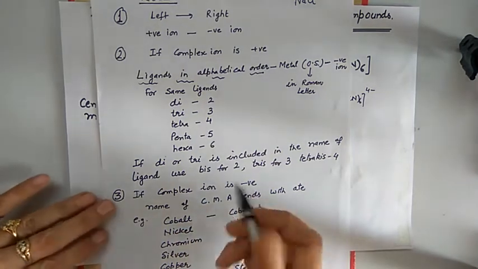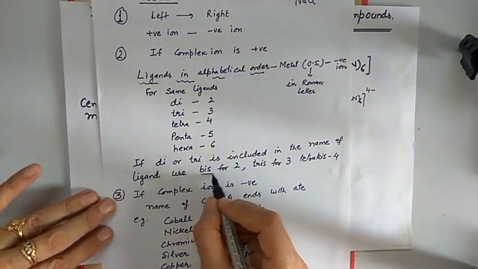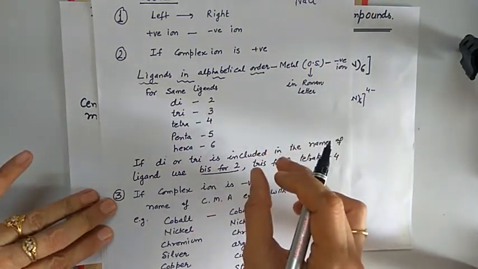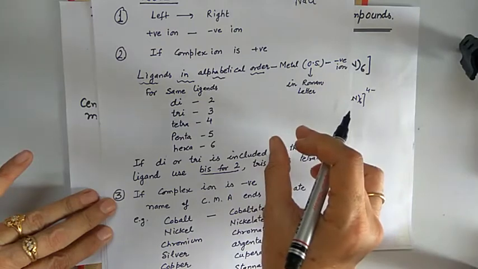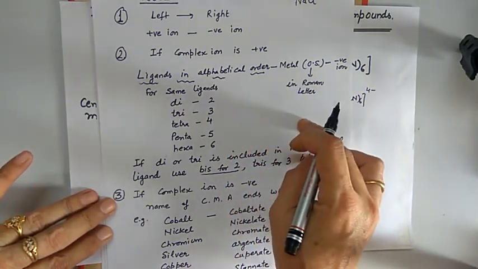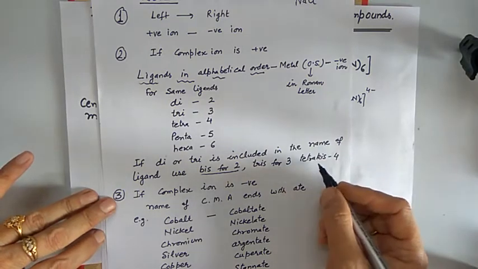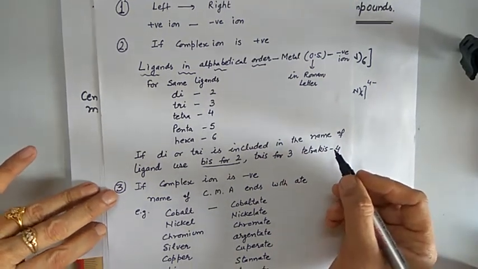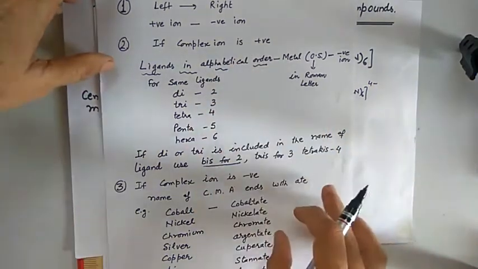We use bis for 2. Like there are two ethane diamine ligands. So the di word is already in the name of the ligand, so we write bis(ethane diamine). Tris for 3, tetrakis for 4. You will follow more when we do the examples. This is for the positive ion.